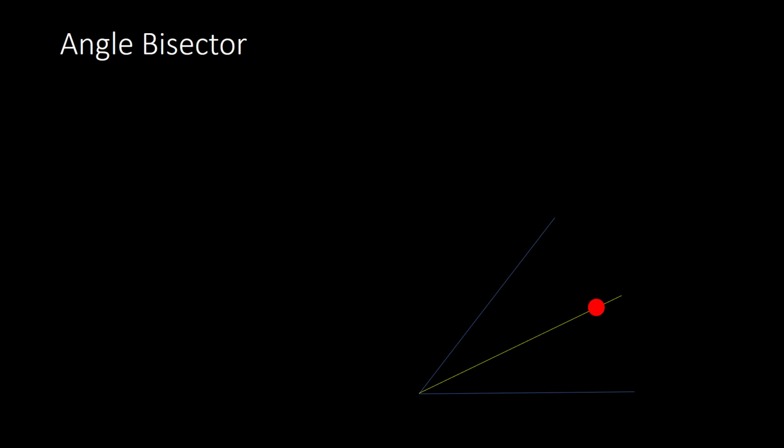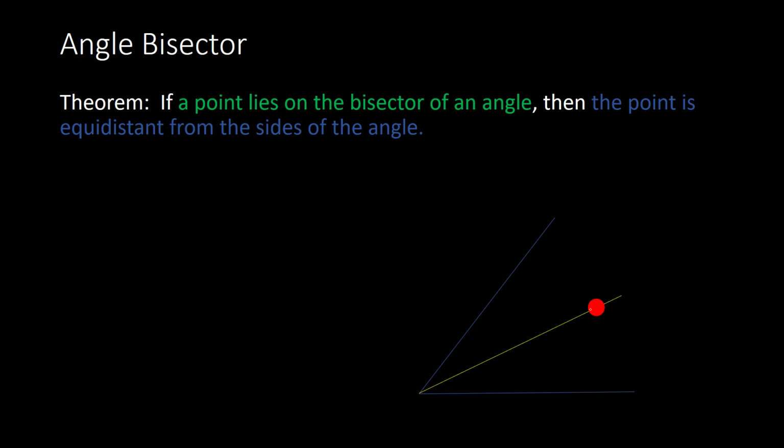And now dealing with angle bisector, kind of the same exact concept, where if we're given this picture, and in this picture we have the angle that's in blue, the yellow line is going to be the bisector, and then we have a red point on the line. The theorem says that if a point lies on the bisector of an angle, then the point is equidistant from the sides of the angle.